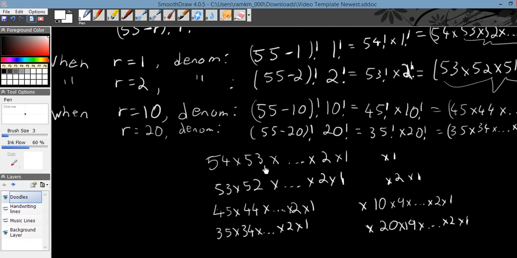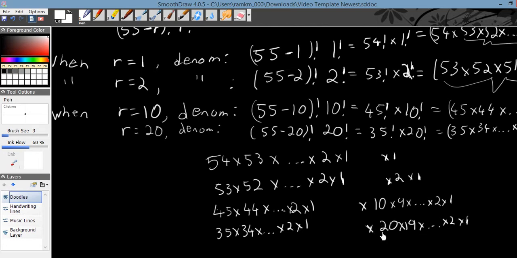Well, if you look at each of these cases, they each contained a 35 factorial, like this one. Inside of 54 down to 1, you have 35 down to 1. Inside of 53 down to 1, you have 35 down to 1. So then we have to ask ourselves, what's the difference in the other 20 elements?